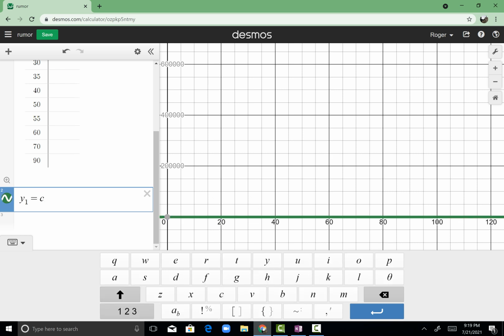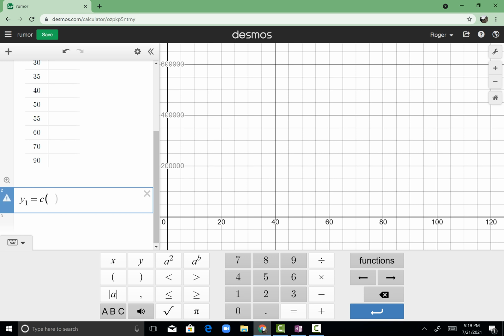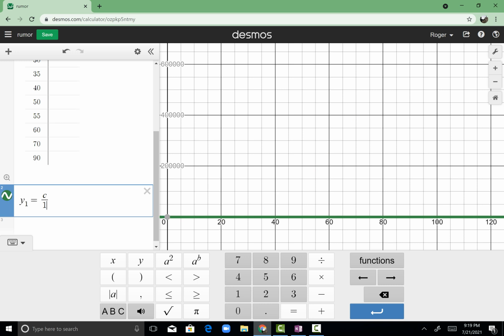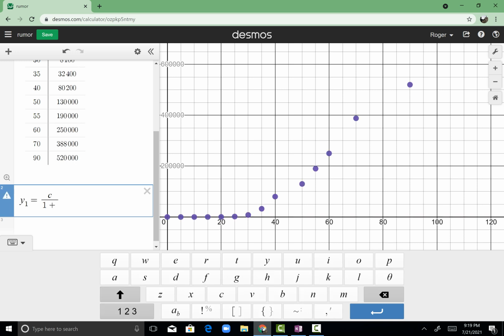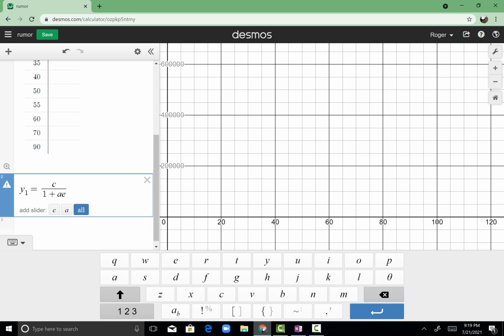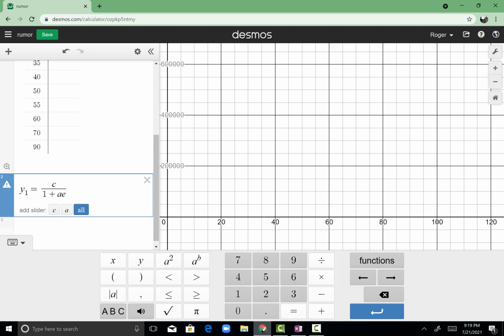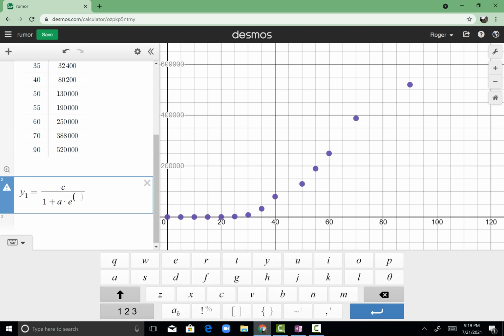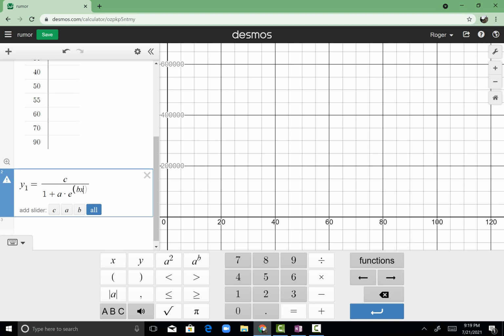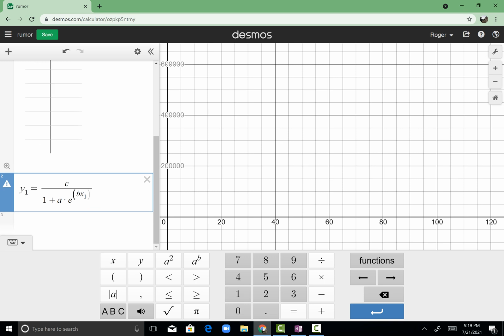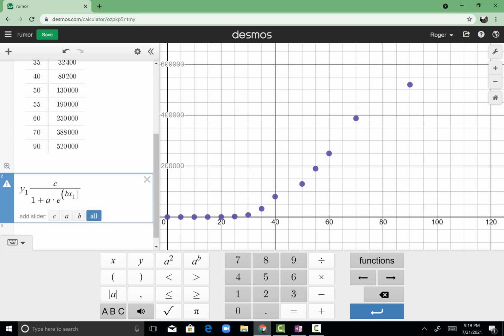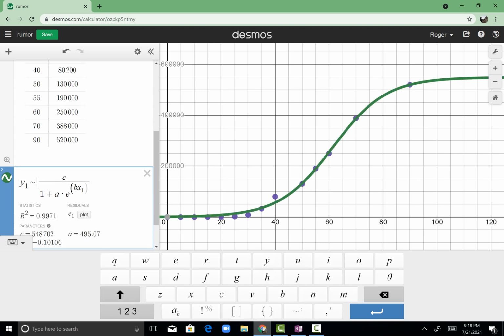I don't know what that is, so I'm going to put a C there, divided by 1 plus A e to the, and I want to make sure I put a times there and a parenthesis. I don't know what B is. I know this is an X, and it has to be a tilde, not an equals. There we go. Now we got a pretty fit.